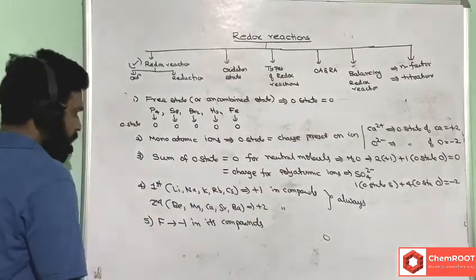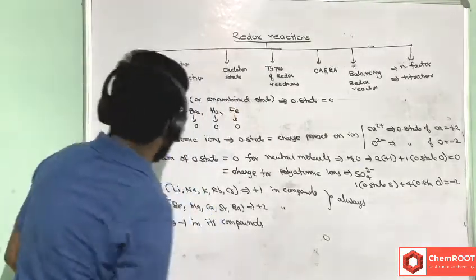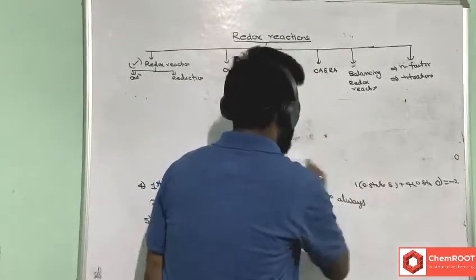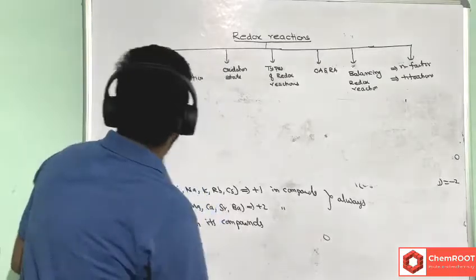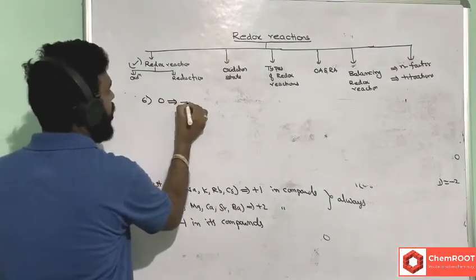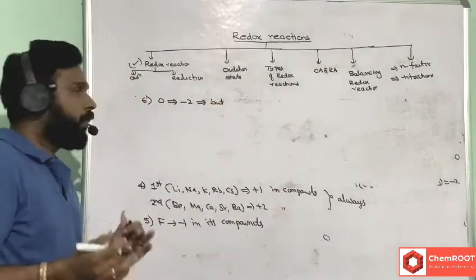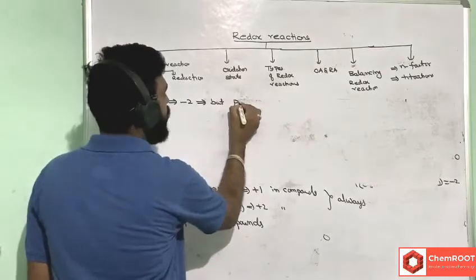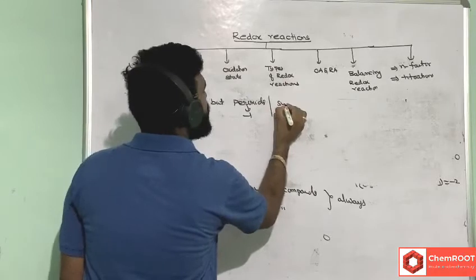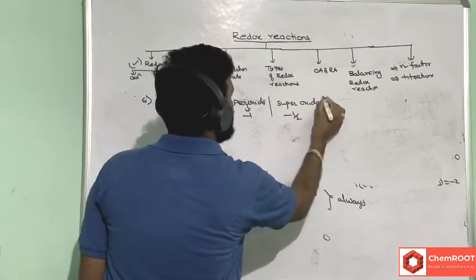Next, oxygen generally has a -2 oxidation state, but in some cases it is different. In peroxides, it has -1. In superoxides, it is -1/2.